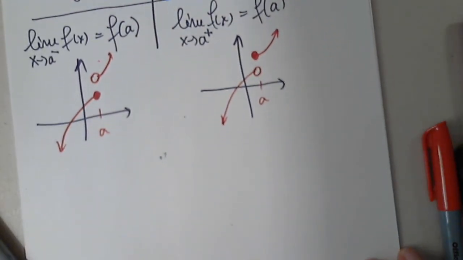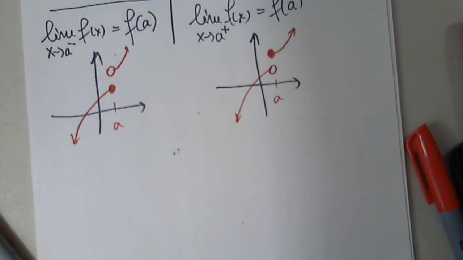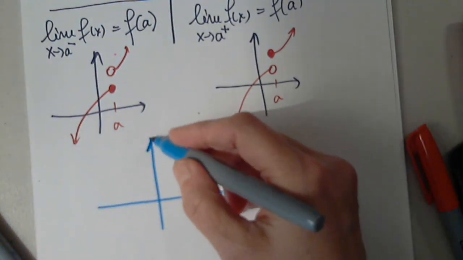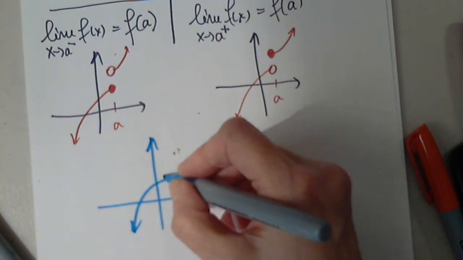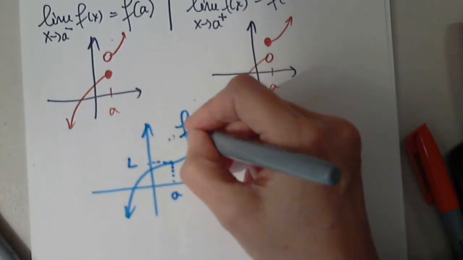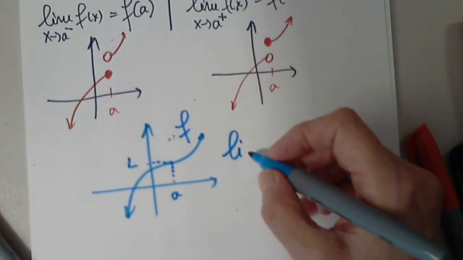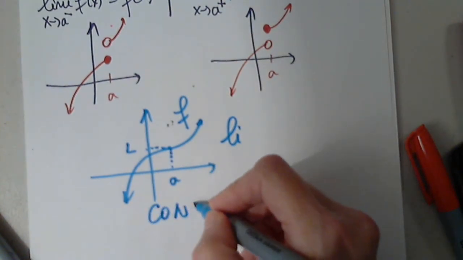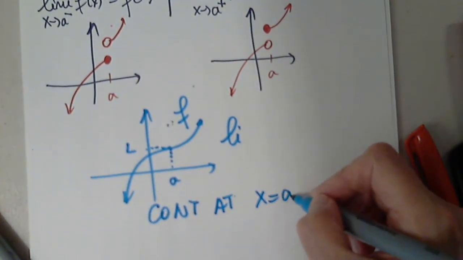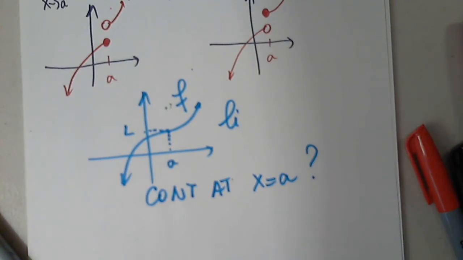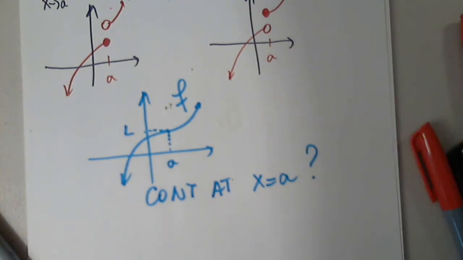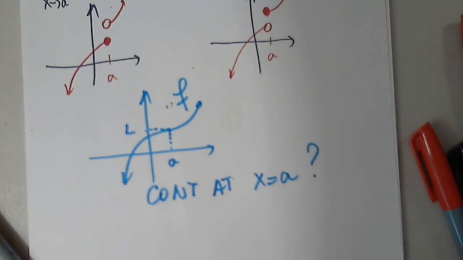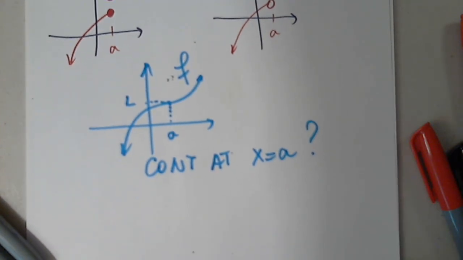And now you'll tell me whether this function, can I say that this function is continuous at x equals a? What are the conditions for continuity at a point?